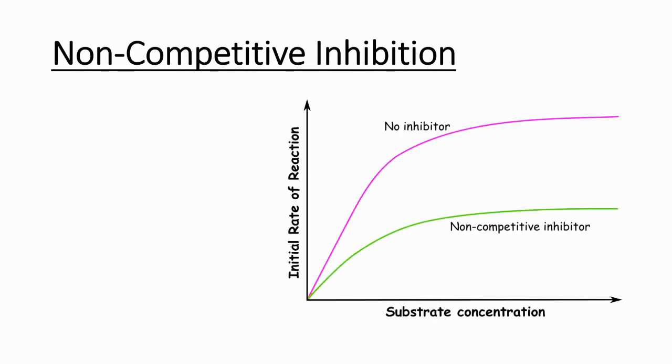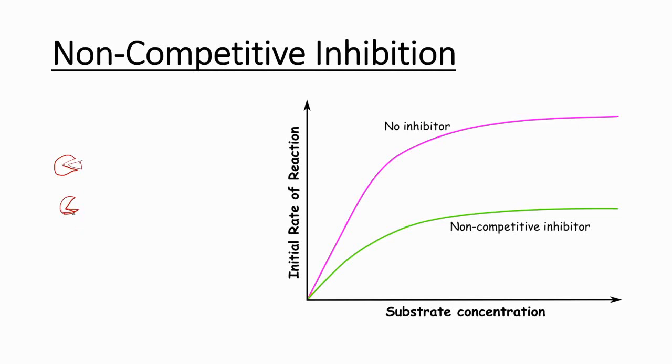We're looking at the curve here of the initial rate of reaction and the substrate concentration. Now here, when we increase the concentration of substrate, firstly, at lower substrate concentrations, most of the active sites will not be bound by substrate.